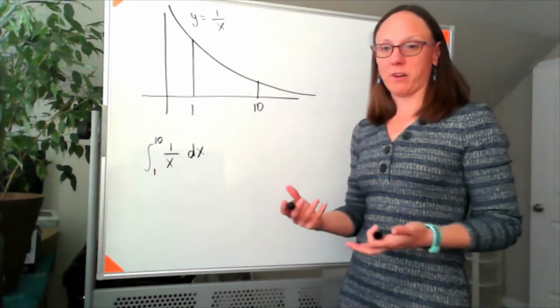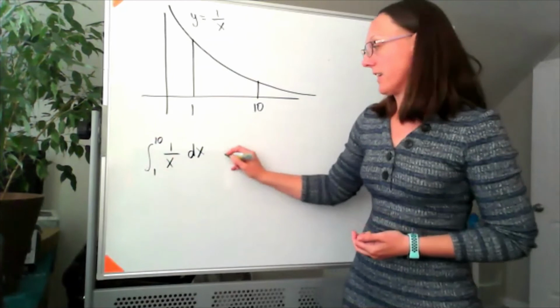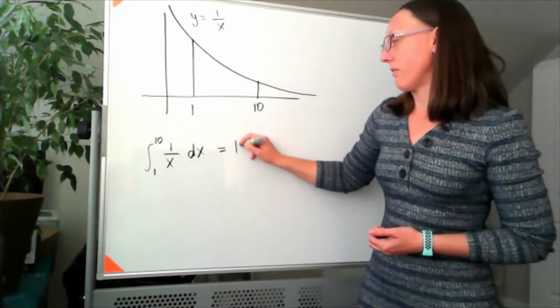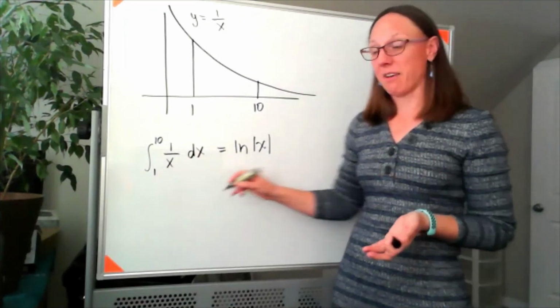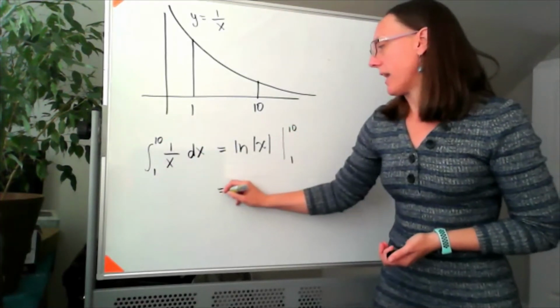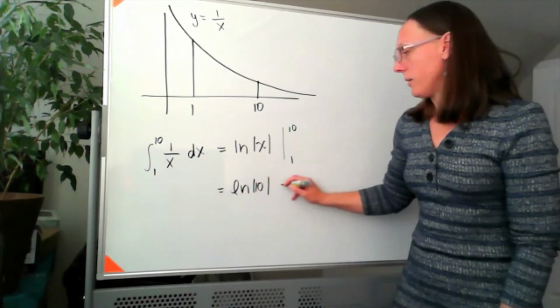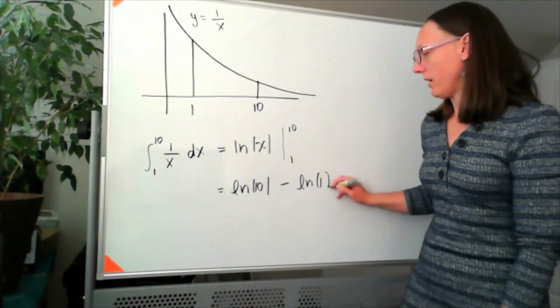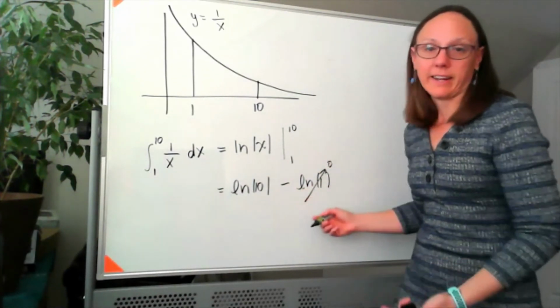And then we'll use the fundamental theorem of calculus to say, I know whose derivative that is. That's the derivative of natural log of x. And then because it's a definite integral, I'm going to be plugging in the 1 and the 10. I'm going to end up with natural log of 10 minus natural log of 1. But ln of 1 is 0, and I get natural log of 10.